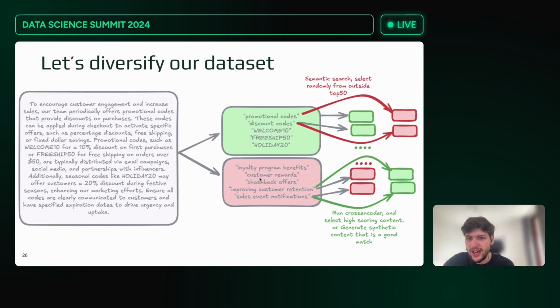Basically, you feed an LLM these negative search terms that you've generated, like loyalty program benefits, and you ask it, please generate me a piece of content within the sector that I work in, within this department, that matches the search query loyalty program benefits. And you can generate that multiple times, get various variants of it, and then you have these positive pairs for example, loyalty program benefits. And once you have that in place, you can fine-tune and everything works perfectly.